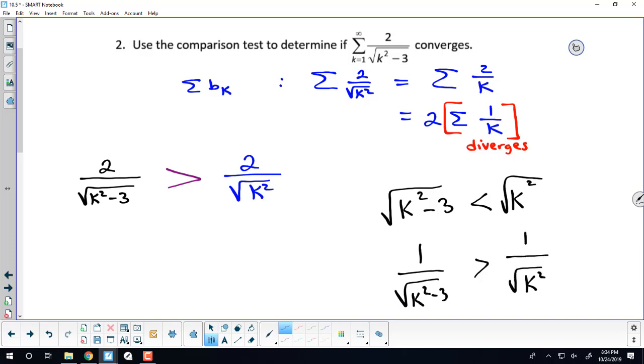Sometimes you can look at it piece by piece. And of course multiplying through by 2 doesn't change anything. So the series is larger than a divergent series, which means what? Diverges.